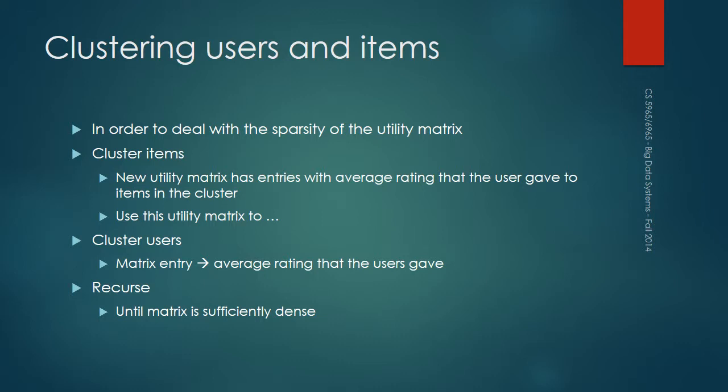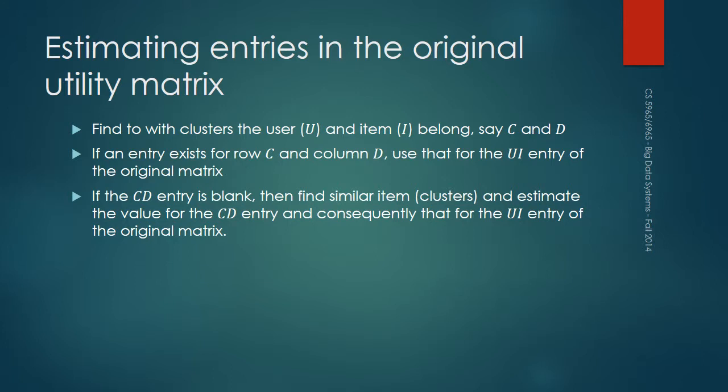Once we have a dense utility matrix in this clustered sense, we can go back and recover the entries on a demand basis. We're not really estimating the full dense matrix. So given a user, you want to predict what sort of rating this particular user is going to give item I. You figure out which clusters they belong to.